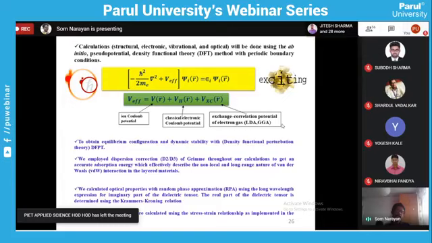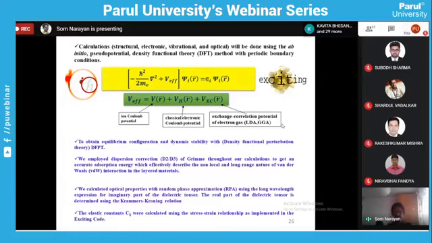We used an effective potential that is a combination of the ionic Coulomb potential, classical Coulomb potential, and exchange correlation potential, much like the force field in the molecular mechanical approach. The LDA and GGA, that is local density approximation and generalized gradient approximation. The higher the exchange correlation potential you use, the more accurate the result you will get.